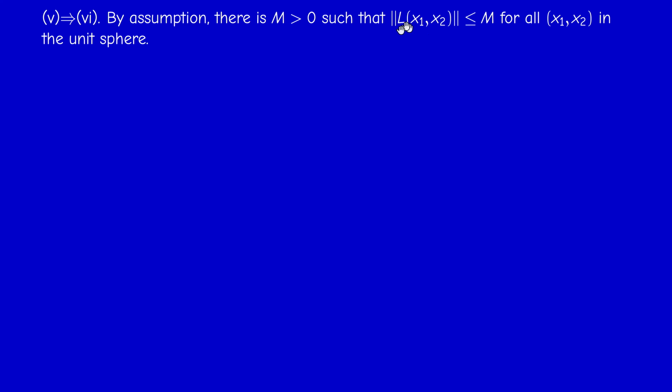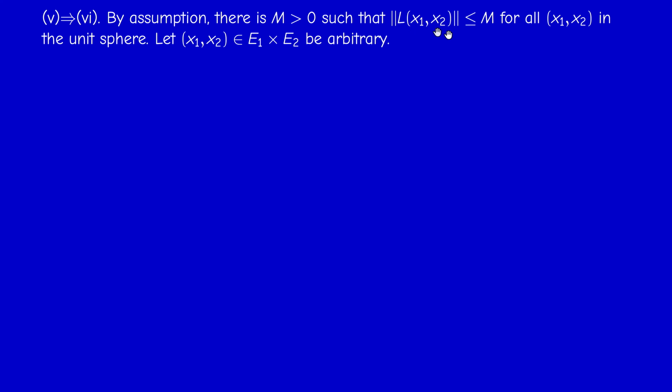So the boundedness condition on the unit sphere tells me that there exists a certain constant m such that the norm of L(x1, x2) is less or equal than m for every (x1, x2) in the unit sphere of E1 times E2.